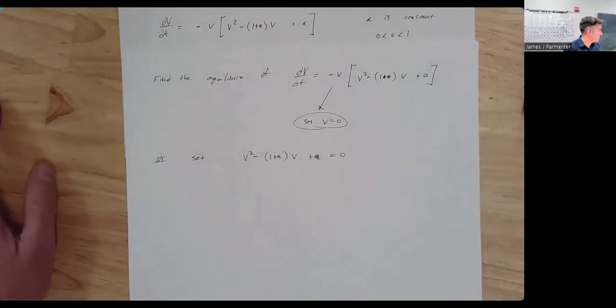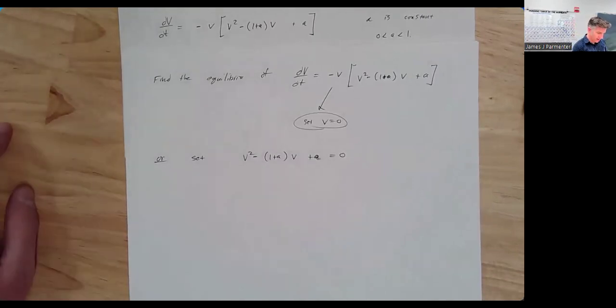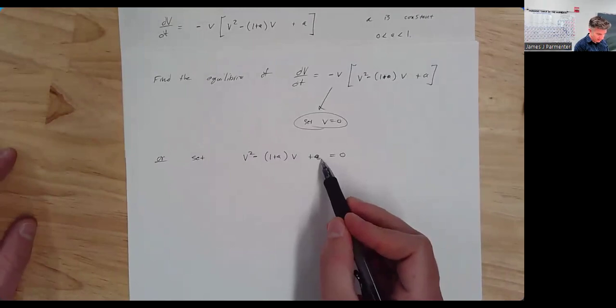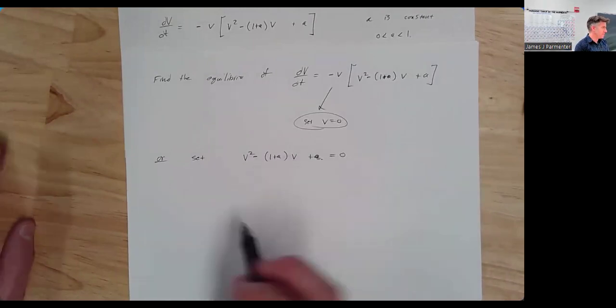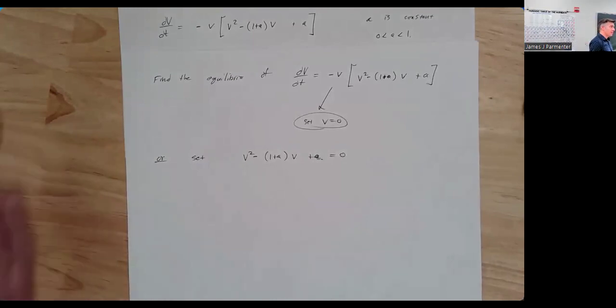So I will point out you can factor this. Can you think of numbers that multiply to A and add up to negative (1 plus A)? Well, what are the only numbers that we can think of that multiply to A? I can only think of two: A and 1, or negative A and negative 1.